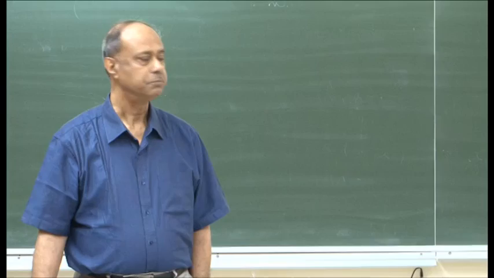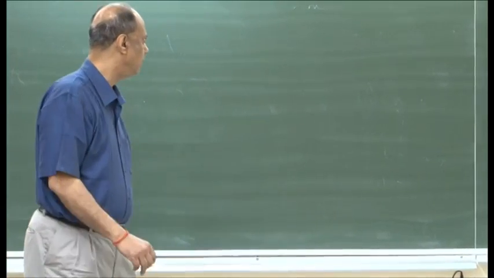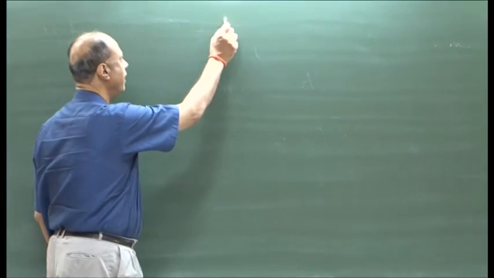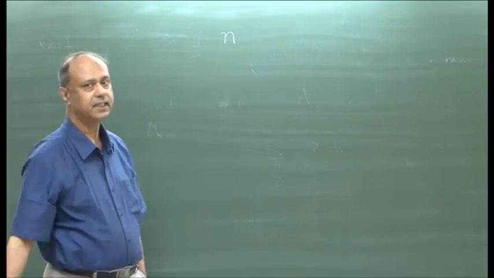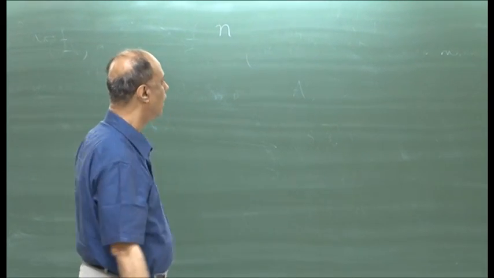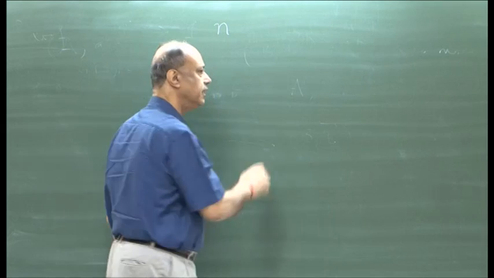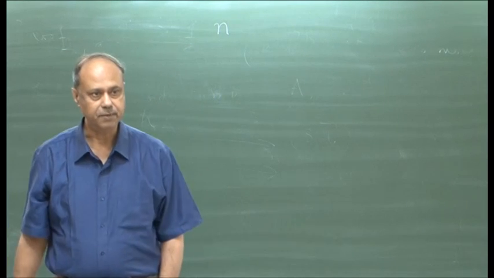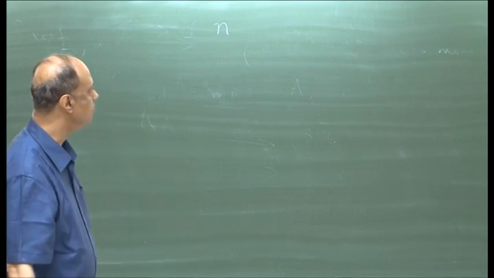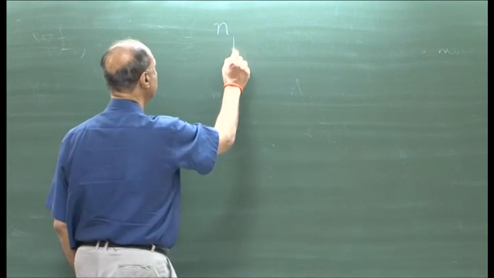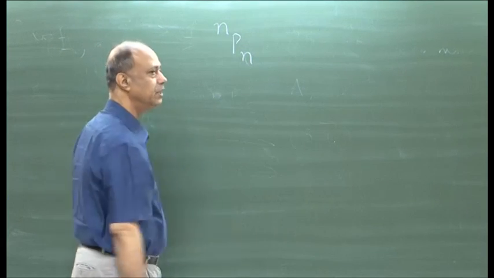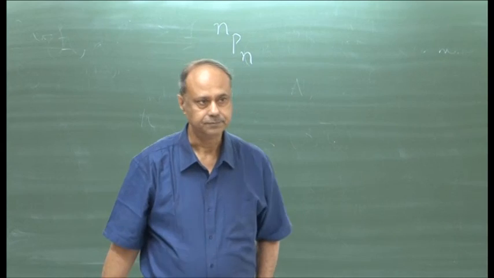If I have n elements, numbered 1 to n, and you have to arrange these n elements, there are nPn possible distinct ways you can arrange them.